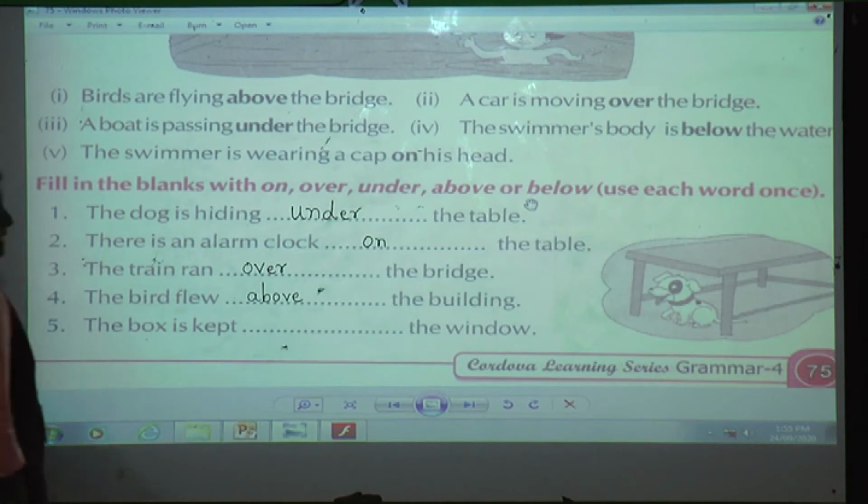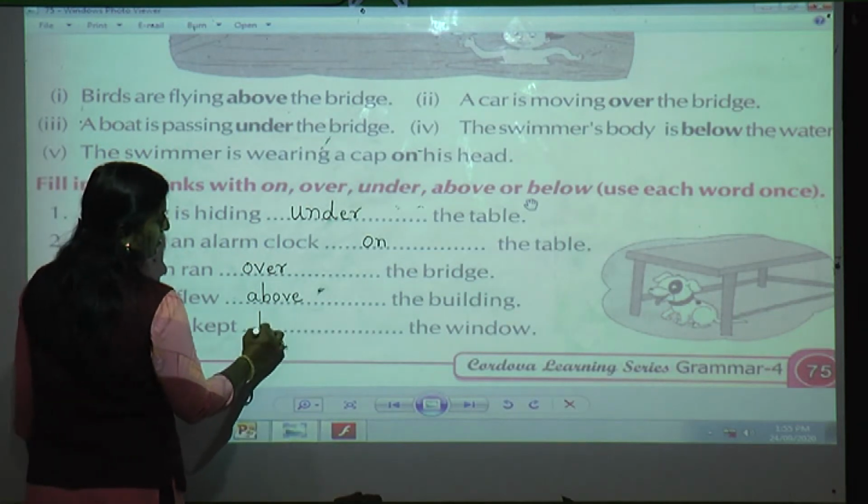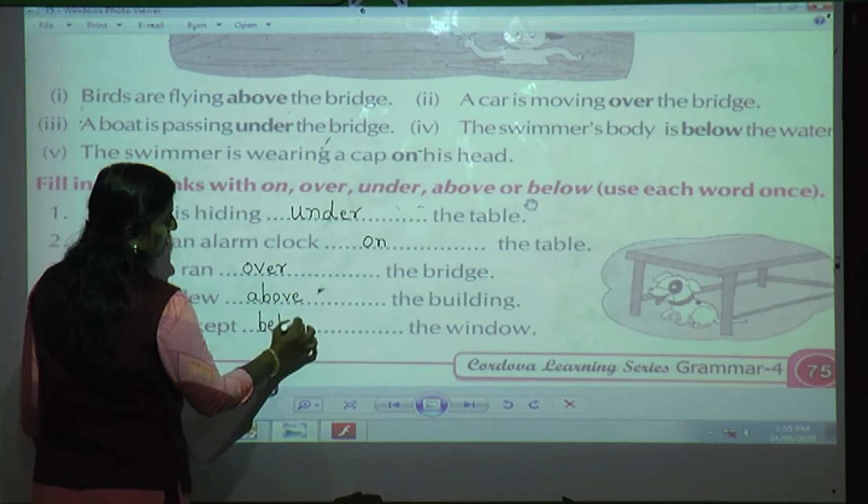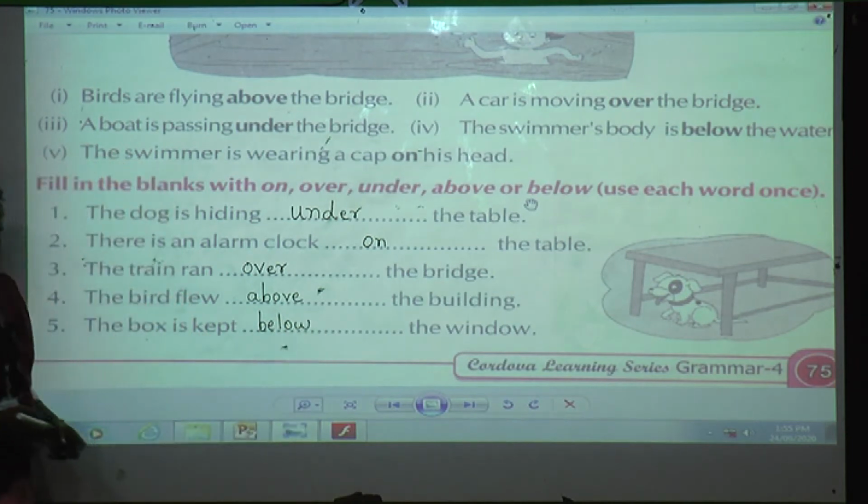The box is kept at the window, below the window. And in this way we have used the prepositions under, on, over, above and below. Done? Again I'll read, just copy down in your book.